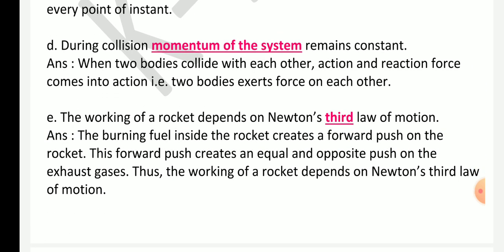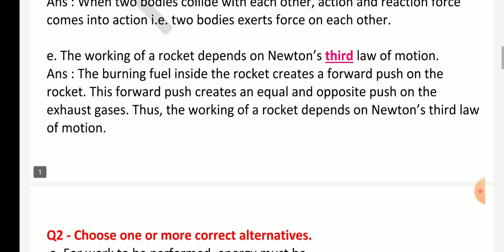Next, during collision, dash remains constant. So, what remains constant? The momentum of the system. When two bodies collide with each other, action and reaction force comes into action. That is, two bodies exert force on each other. Next, the working of a rocket depends on Newton's dash law of motion.